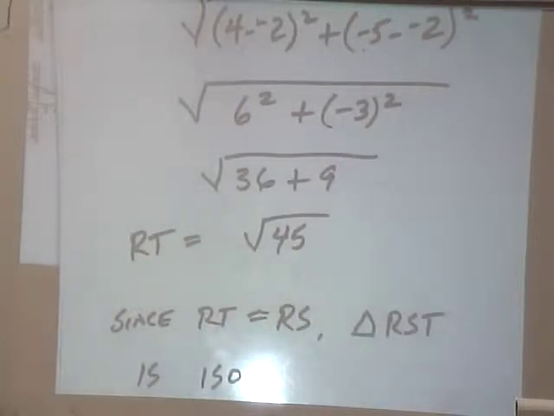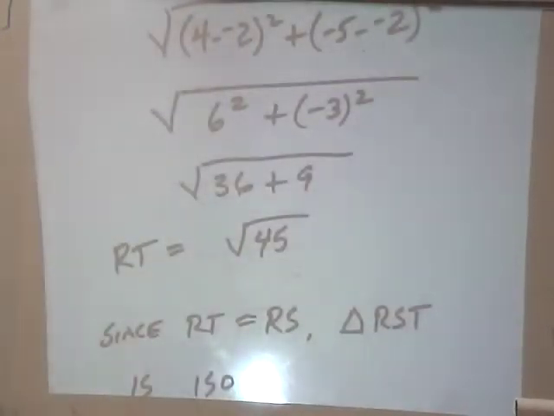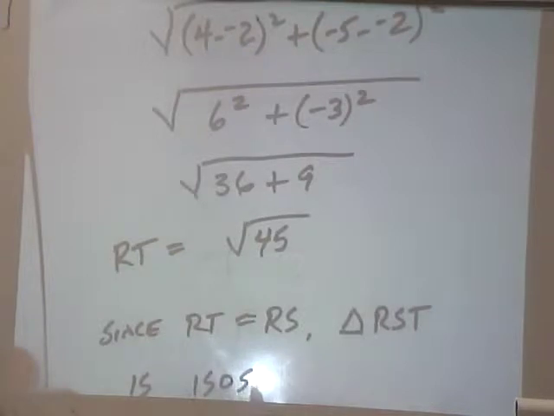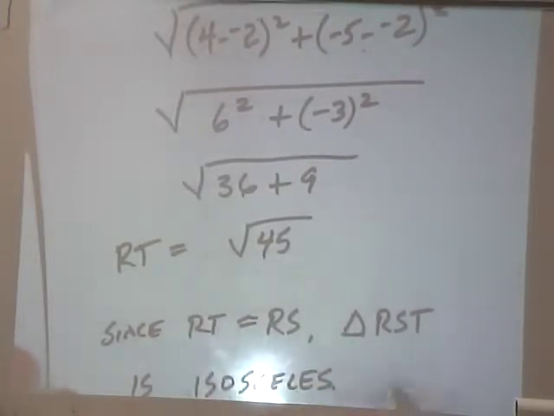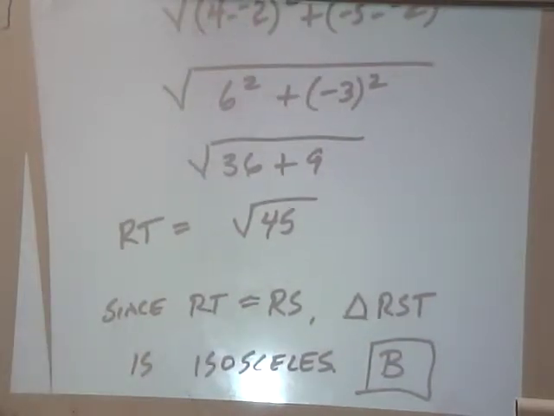Isosceles. So that is choice B. That's a long one, huh? Any questions on 14? We'll move on to 15.